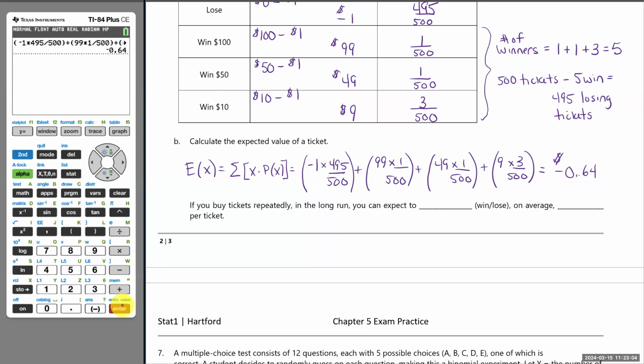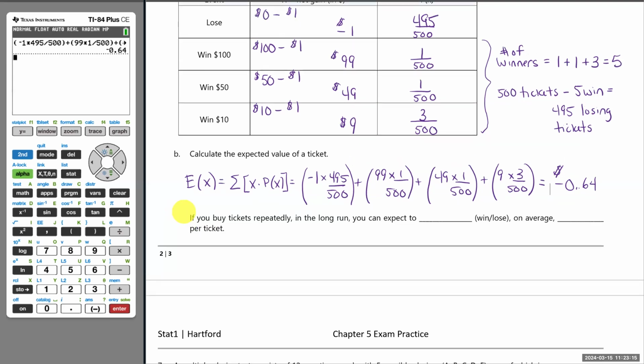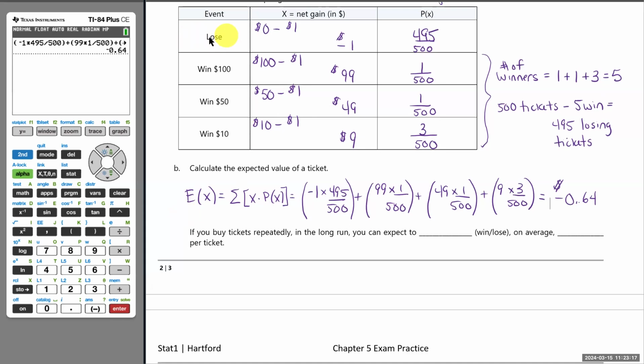All right, so what this tells me is that if they ran this auction and you played it over and over and over again, so if you did buy tickets repeatedly, just as a note here, most of the time you're going to lose your money 495 times out of 500. Occasionally you would win a cash prize and come out ahead, but it doesn't happen often.